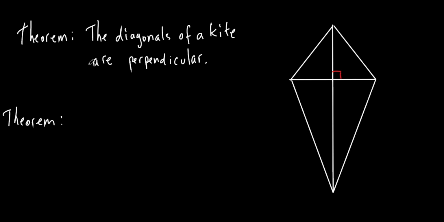Oh, by the way, before I do the next theorem, let's talk about a couple words. These are words we have not talked about before, so this is brand new. It's going to name the diagonals. So remember, if it's a kite, those two are equal and these two are equal. Agreed? All right.